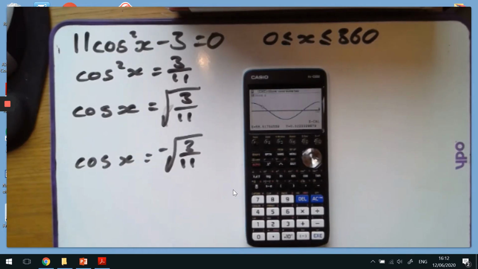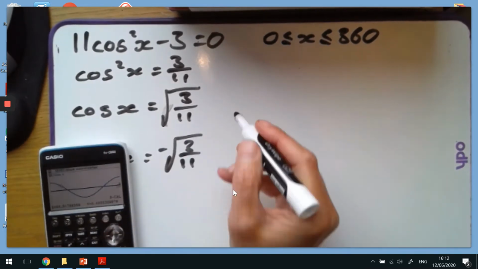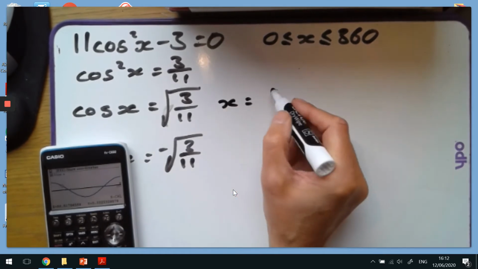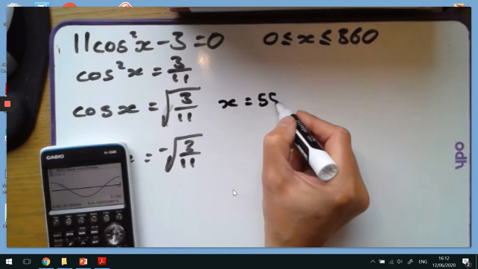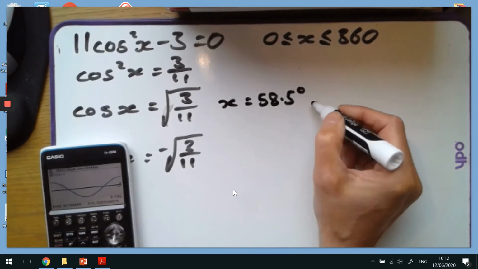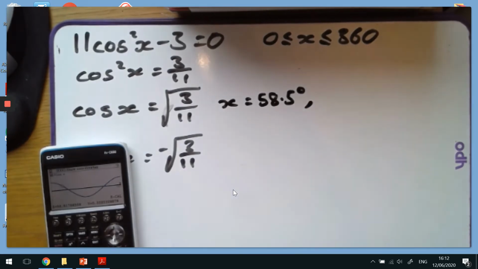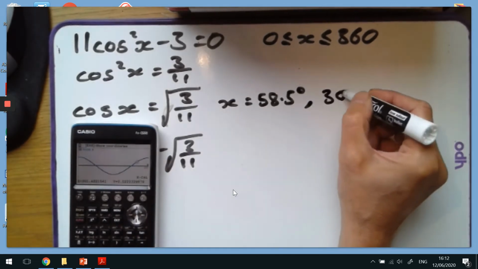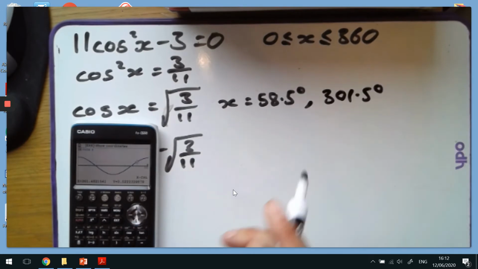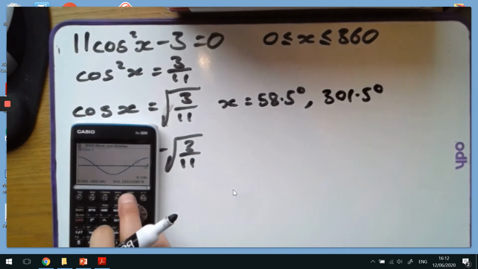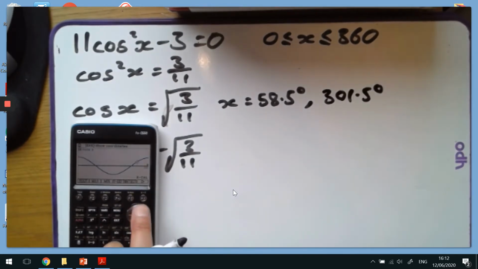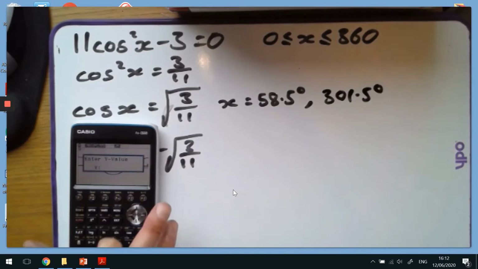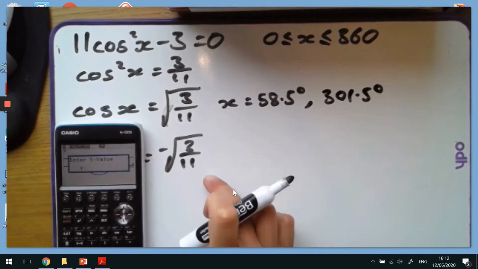Okay, so I have over here x equals 58.5 degrees to 1 decimal place, and I can go across, and it's 301.5 degrees. I then do the same thing, so I do a G-solve, and I type in minus root of 3 over 11.